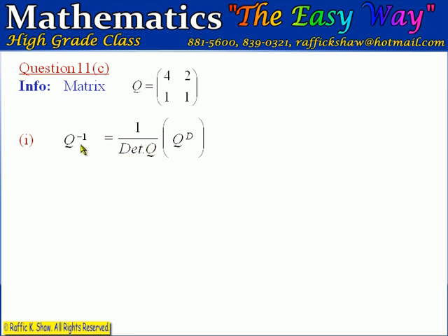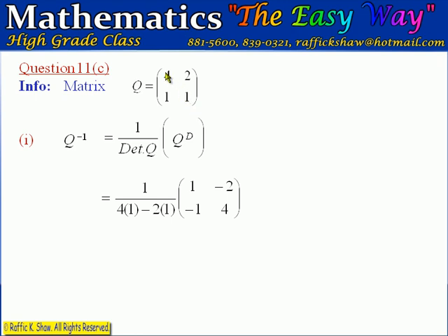That is Q to the minus 1 equals 1 divided by the determinant of matrix Q multiplied by the adjoint matrix of Q. And we can show how the determinant of Q is calculated and how the adjoint matrix of Q is determined. And this is it. The determinant of Q is obtained by multiplying the product across here in the matrix Q minus the product across here.